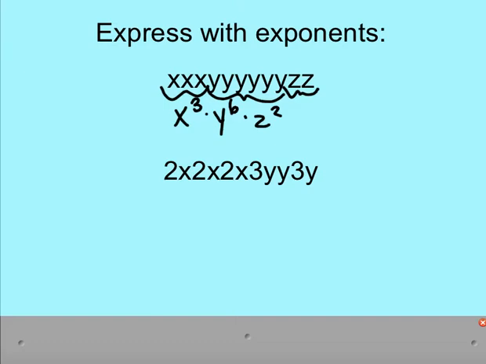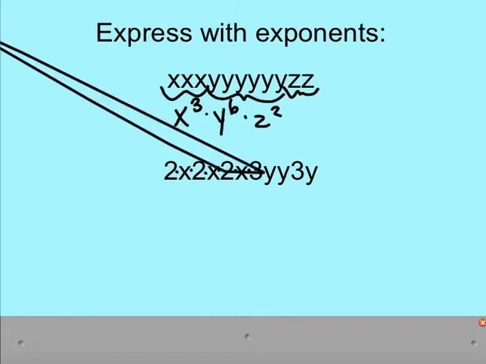Now the next one isn't organized quite as nicely, so because multiplication is between all of these, I can move some things around to help me out. I'm going to move all of my 2's in the same place, because guess what? Those are all disconnected. Because of multiplication, we can move them around.